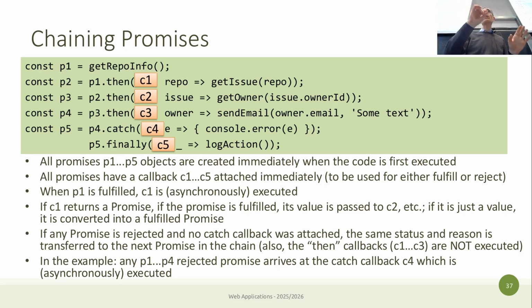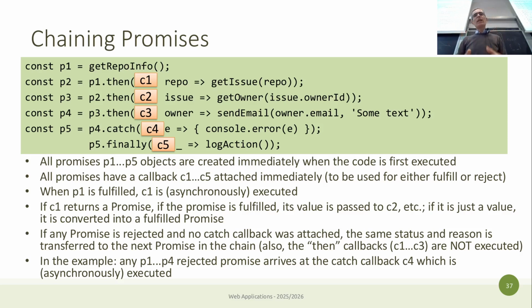Since each then returns a new promise and this promise is attached to another promise, if it gets a fulfilled promise, it executes the callback attached before to the then. Otherwise, it simply goes on and passes the promise along until you find a callback attached with the catch method, okay?